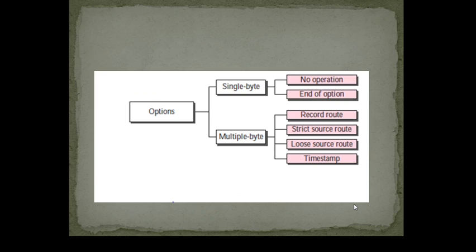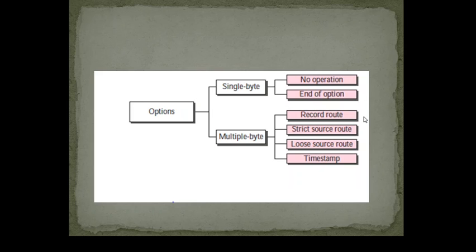So what happens in these 6 types? There can be no operation, end of option, record route, strict source route, loose source route, and timestamp, where we define some options, like no operation is to be performed, or we define some bits so that it is the end of option, or padding kind of things can be done.